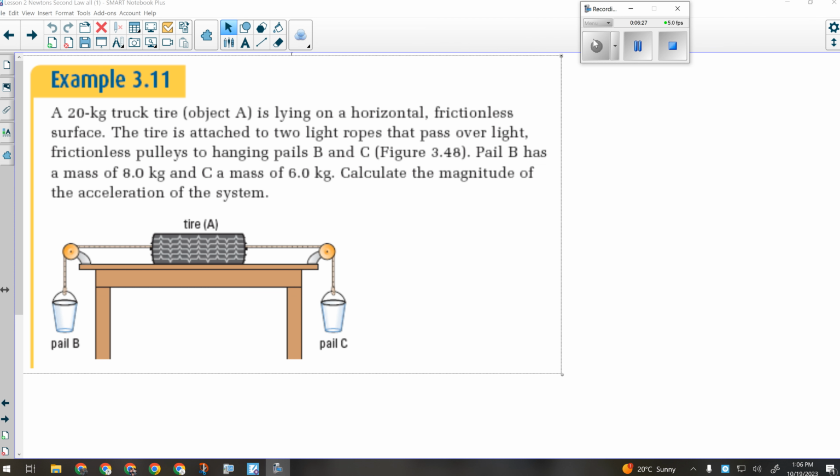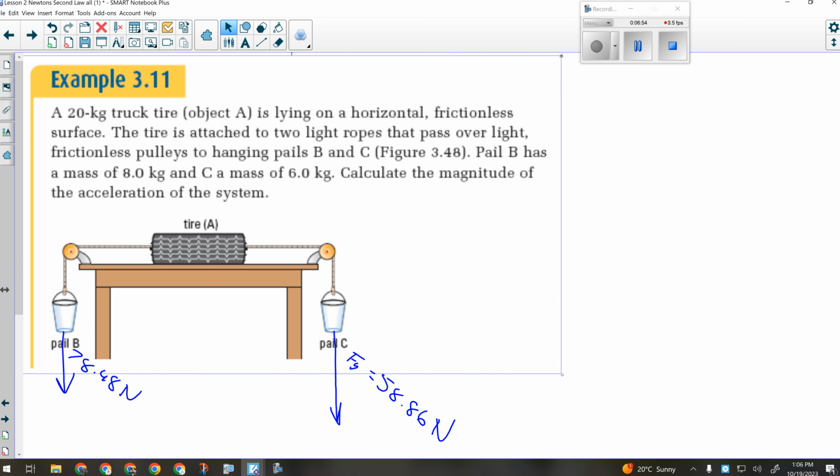That means the only two forces acting in this system are the force of gravity on pail C, which is 6 times 9.81, 58.86, and the force of gravity on pail B, which is 78.48 newtons.